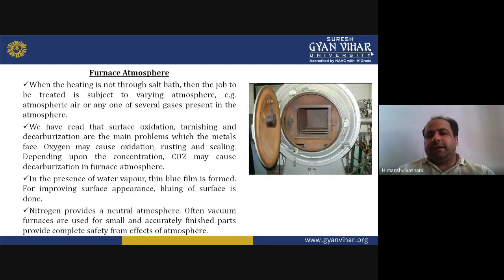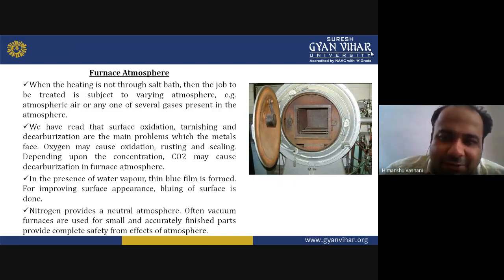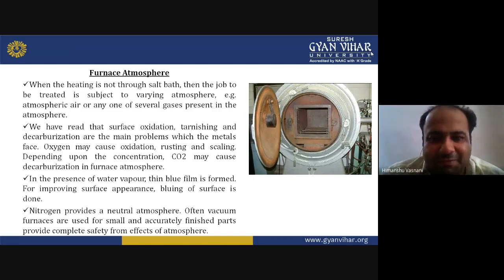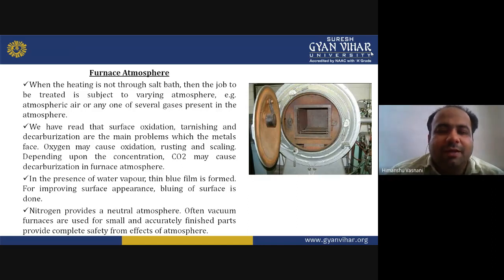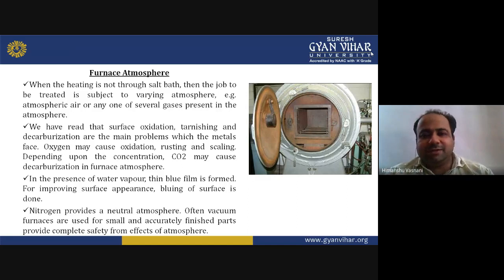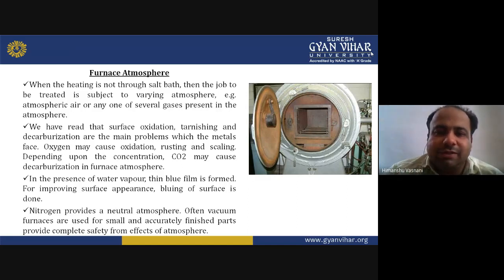Now the furnace atmosphere. You can see in the diagram how the furnace looks from inside. Till the previous diagrams we have seen furnaces that were red hot, but this furnace has still not started, so it is not red hot. So you can see how the furnace looks, the coils inside it and all such arrangements for heating.